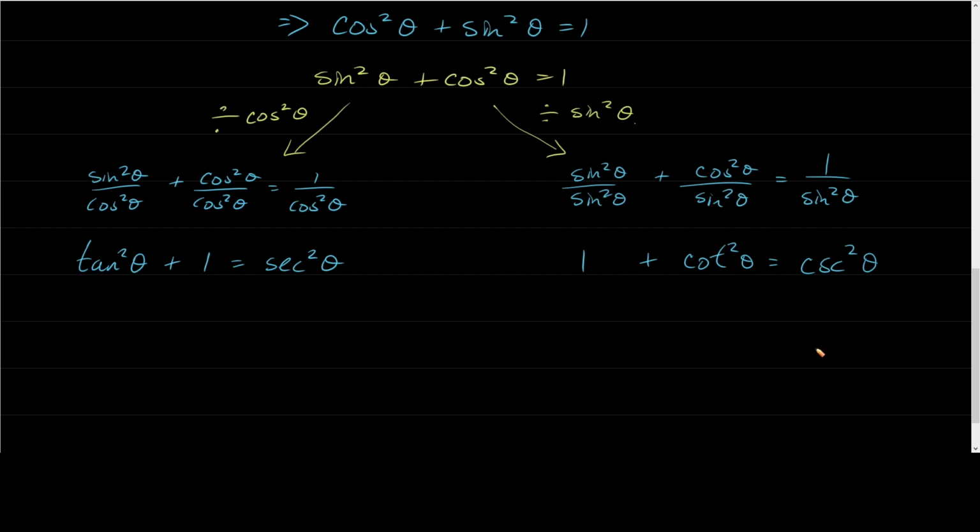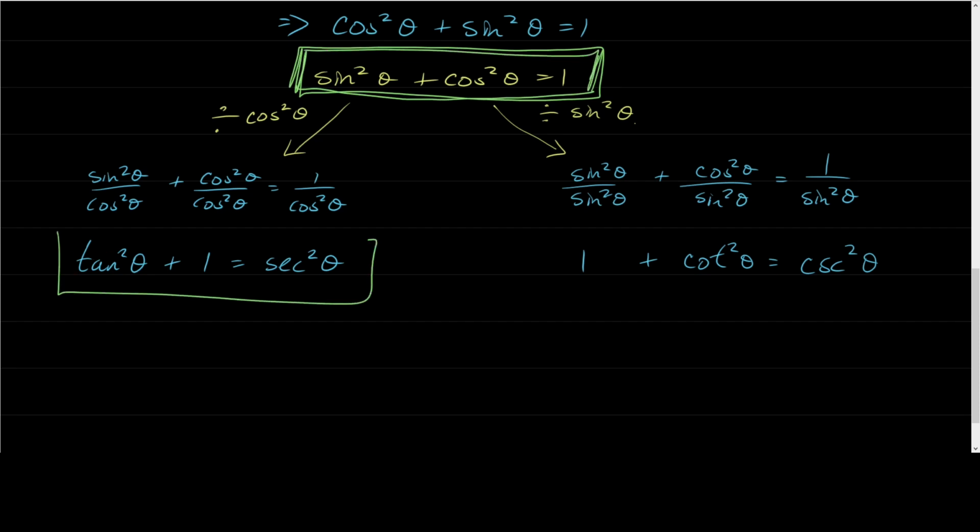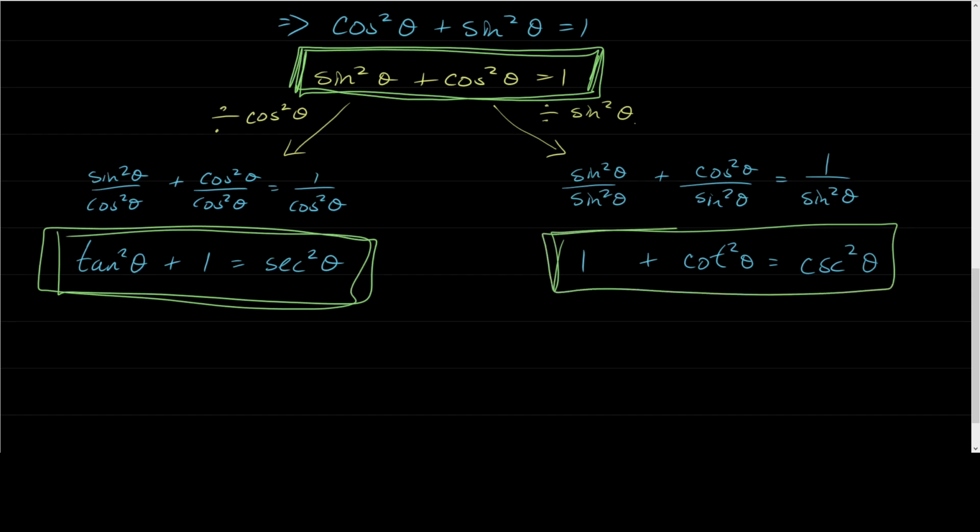And those three equations, which I'll surround in green, are called the Pythagorean identities.